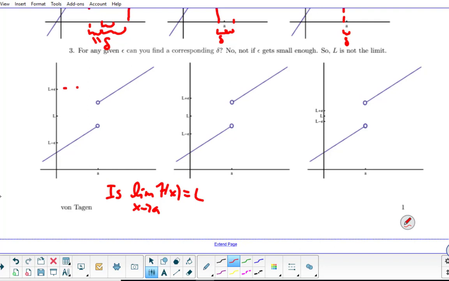If I give you a tolerance of 0.1, are you guaranteed to be able to find a delta strip here? Yeah, I think so. I think that if you make this your delta strip, and you go either side of it, when you pick an x value from within your delta strip, you're guaranteed to get y values that are within your epsilon strip.